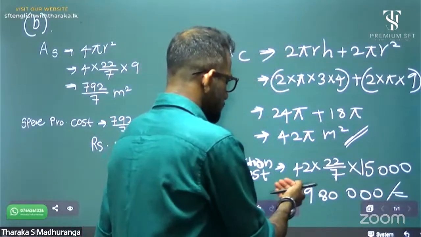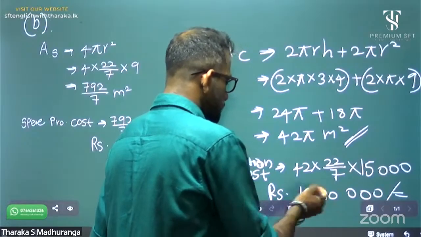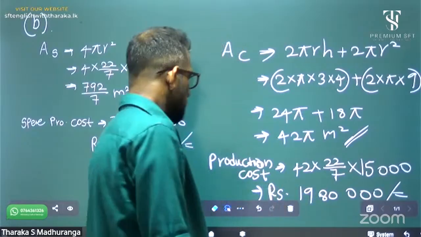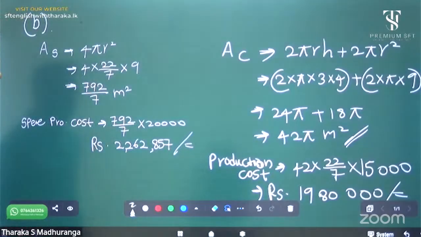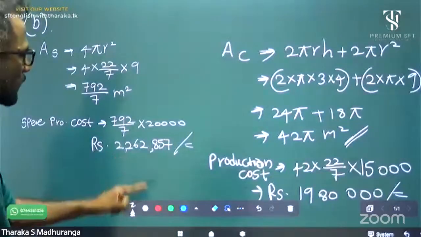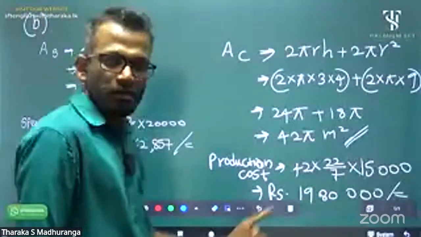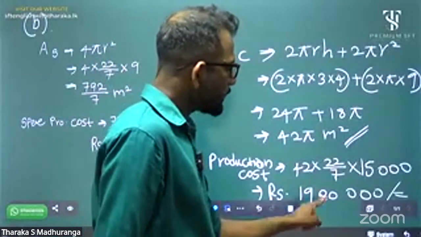Okay, this is rupees, the production costs. 22 lakhs and 62,857, and 19 lakhs and 80,000.